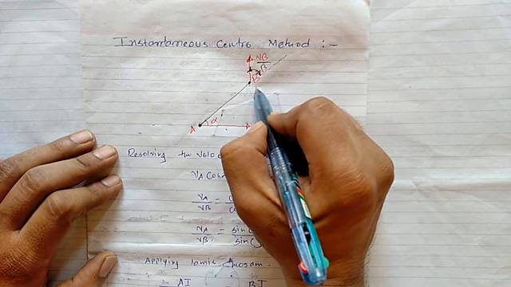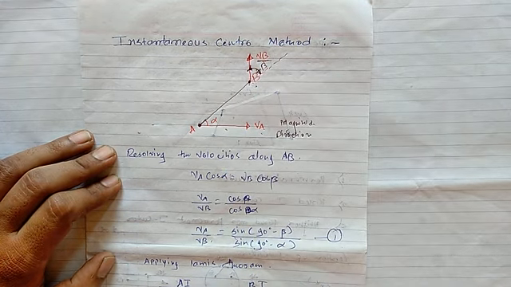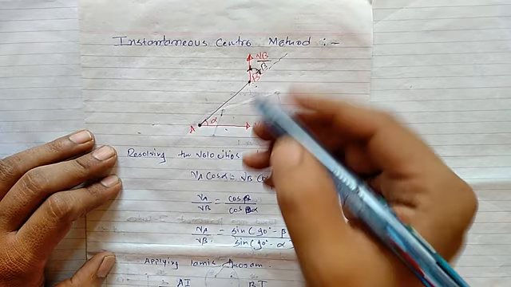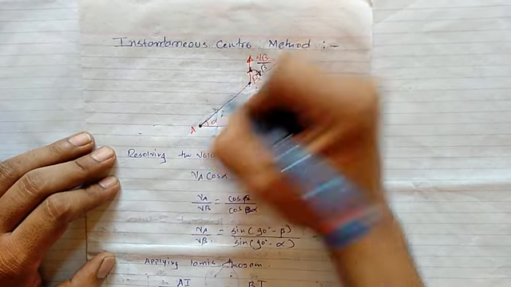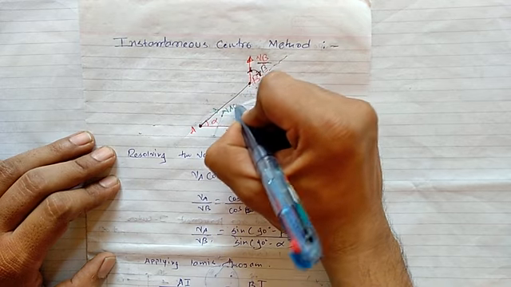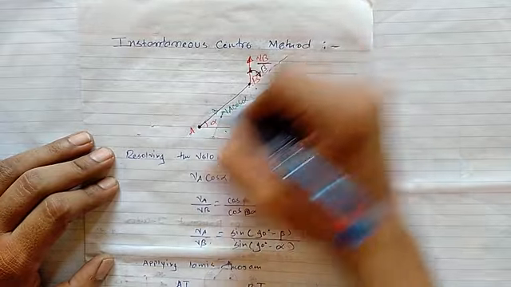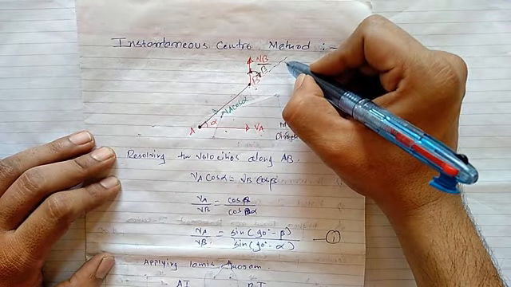Then resolve the components. Resolving means you have to resolve the components of VA and VB. So VA is moving here. What is the magnitude of that VA? That is VA cos alpha, okay, and it is moving in the actual or main direction of AB.